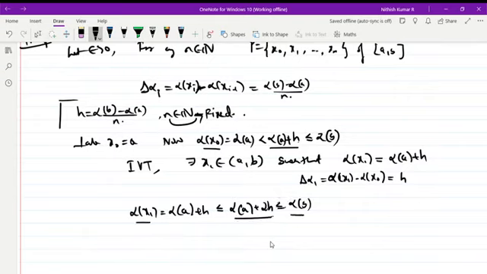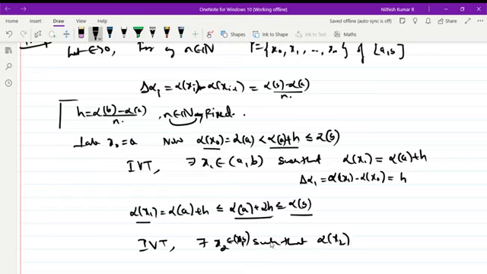Using intermediate value theorem again, there exists x2 in x1 comma b such that alpha of x2 is equal to alpha of a plus 2h, which is equal to alpha of x1 plus h.